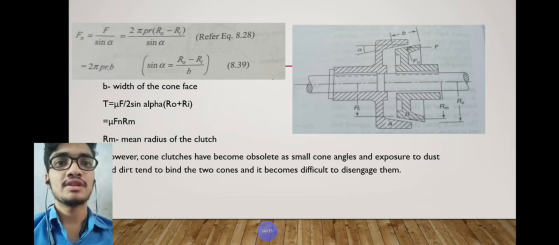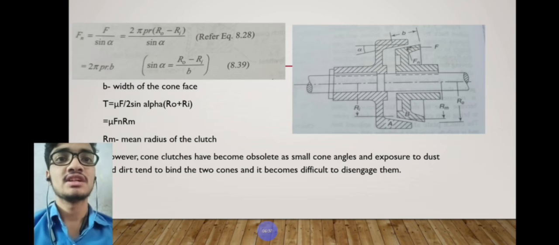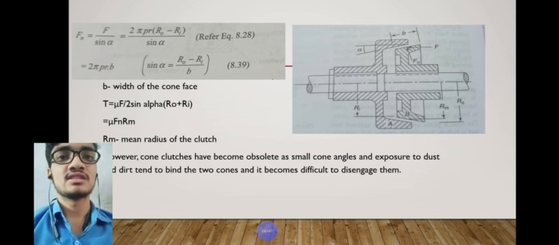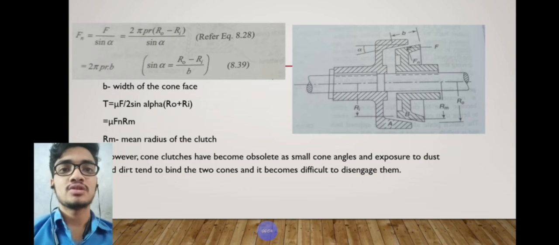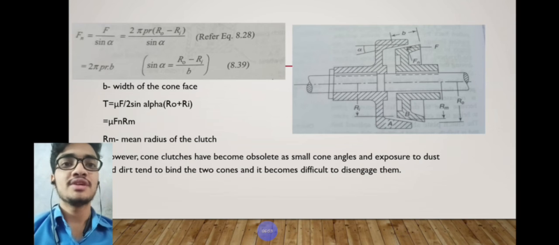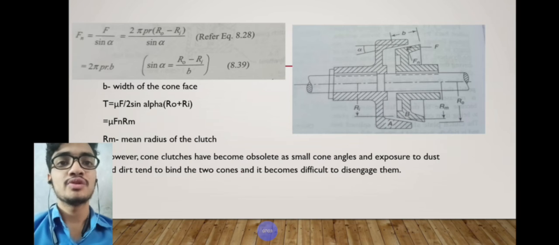F is equal to 2 pi P R into R0 minus Ri, which we have derived before in the single plate clutch, which is equal to 2 pi P R B, since sin alpha is equal to R0 minus Ri by B, so that term gets cancelled. We get 2 pi P into R into B, where P is the pressure, B is the width of the cone face, and torque T is equal to mu F divided by 2 sin alpha into R0 plus Ri, which is torque is equal to mu into Fn into Rm. Rm is the mean radius.